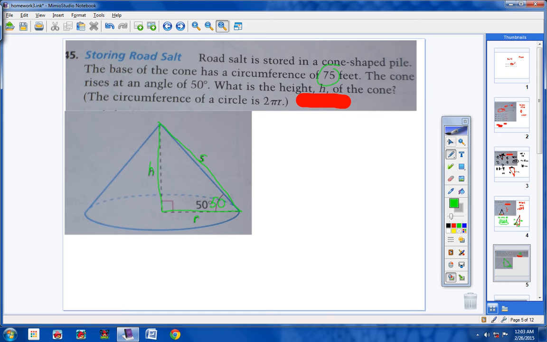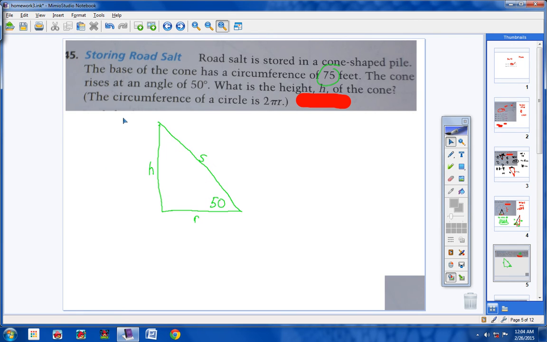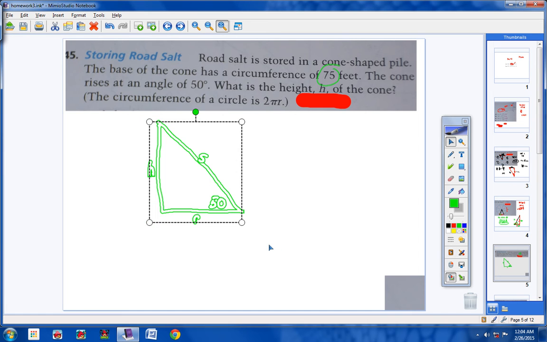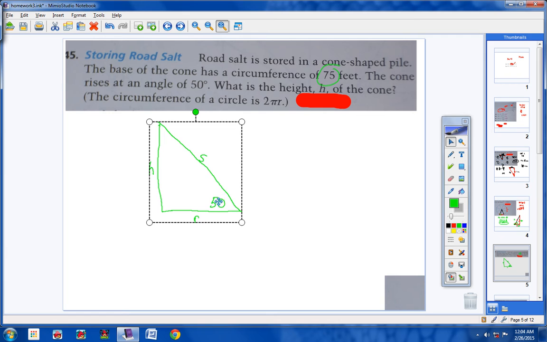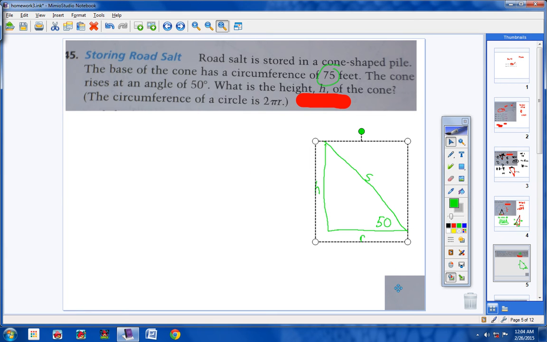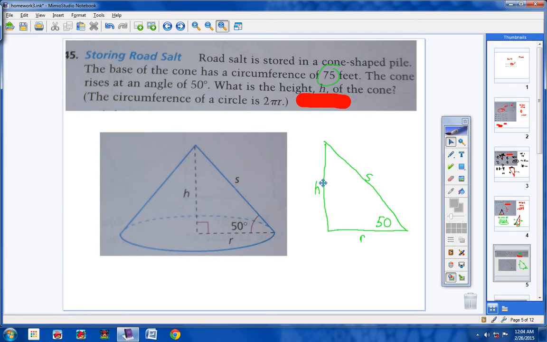Okay, now I'm going to pull this out of the way just for a second, and pull this back up again. So, what I did, students, is I took this triangle right here and I cut it out and I put it right over here. Now, they're asking us to find the height, right?